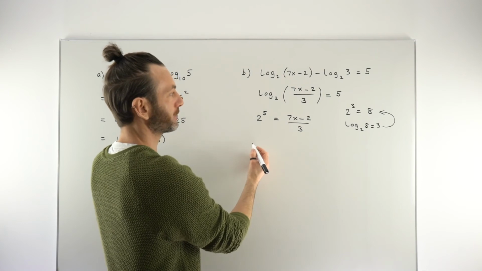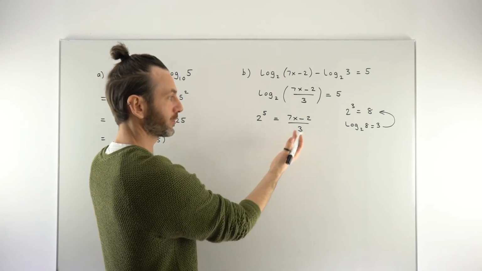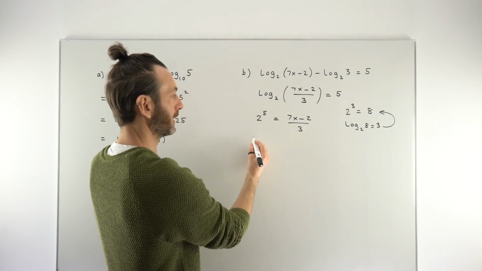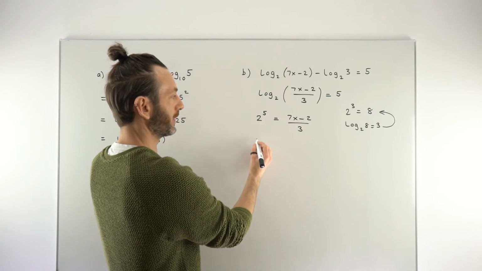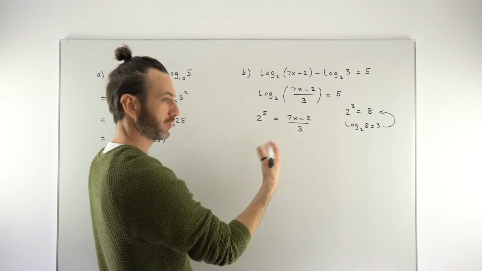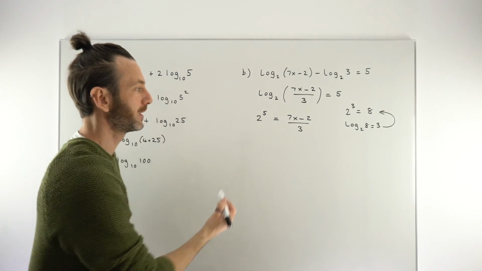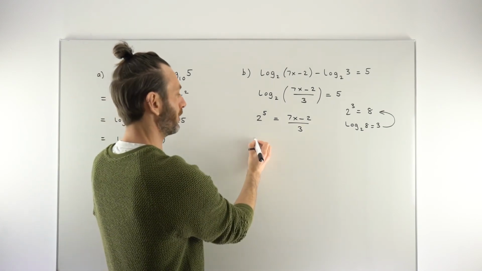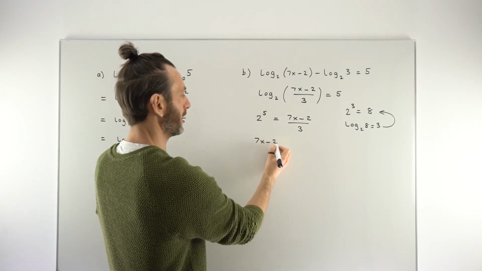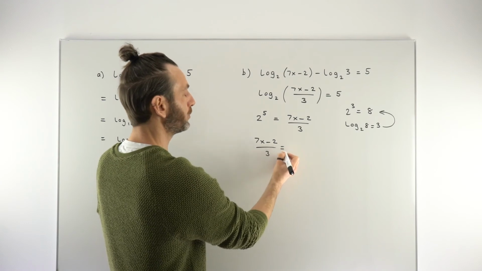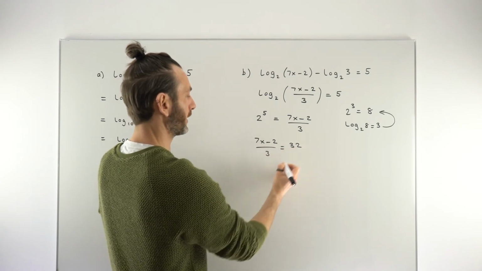Anyway, carrying on, at this point we've gotten rid of the logarithm, so we're just solving this as a normal linear equation. 2 to the power of 5 is 32, so that's 2 times itself 5 times. I'm just going to spin this around to put my variable on the left, so I'm going to write 7x minus 2 over 3 equals 2 to the 5, which is 32 like this.